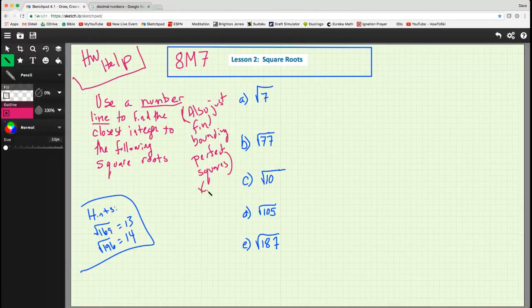That's what we did on the last slide. Now, as a hint, I'm going to tell you, if you didn't know, the square root of 169 is 13 and the square root of 196 is 14.